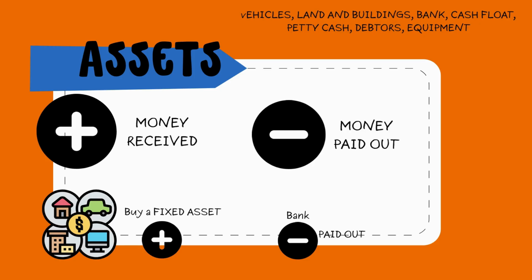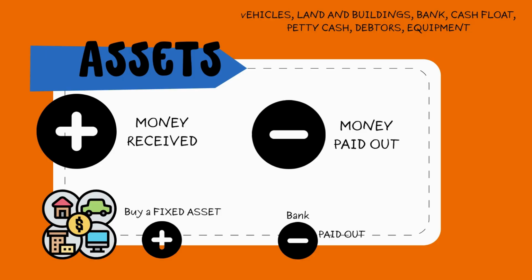Assets, when we receive money, assets are increased. When money is paid out, asset is decreased. Let me explain that. Remember, bank is your asset. So when you receive money from rent income, what happens to your bank? Your bank account is increased.